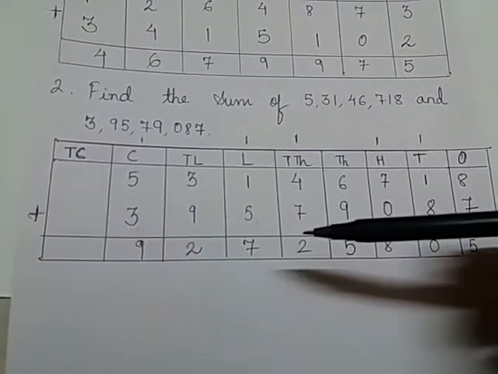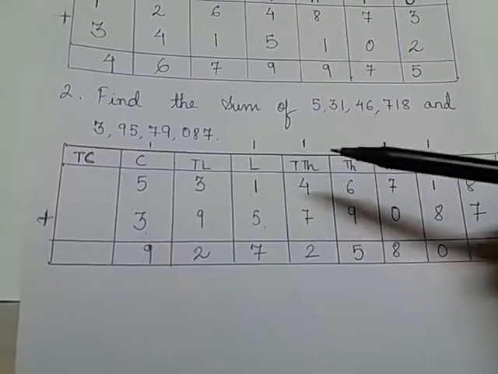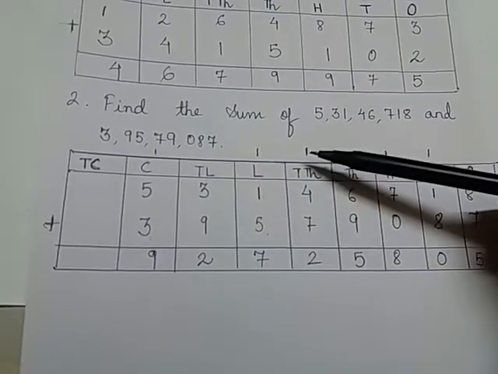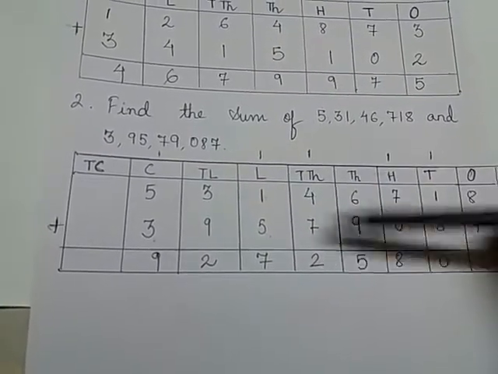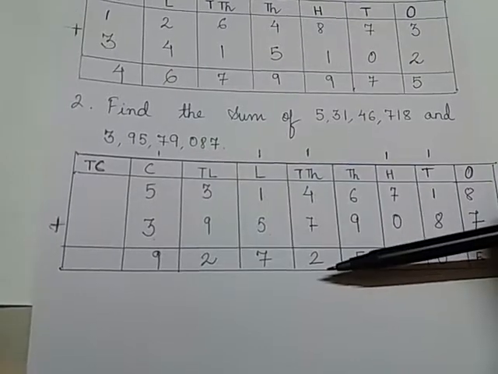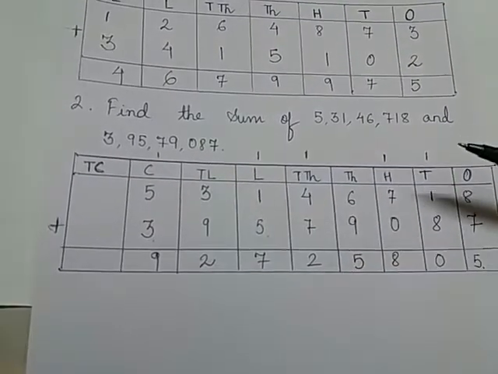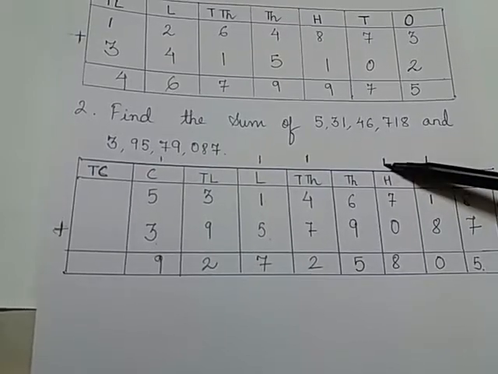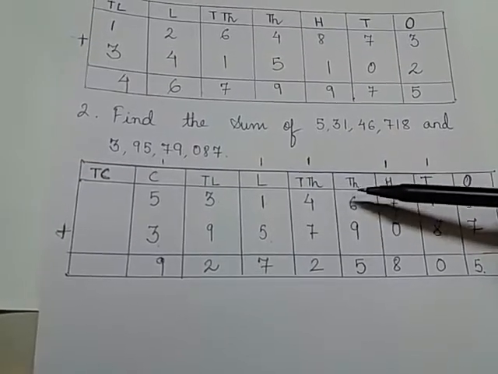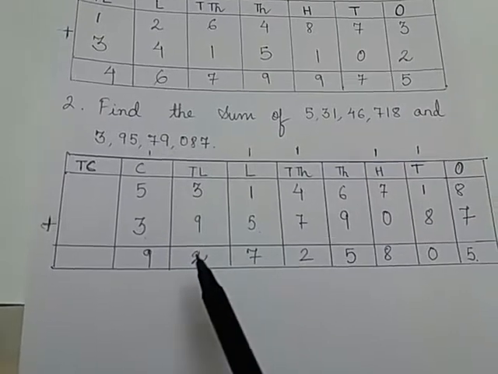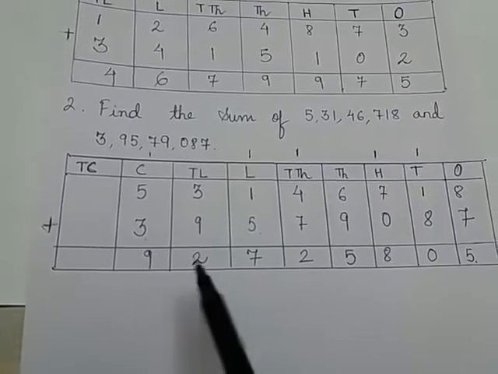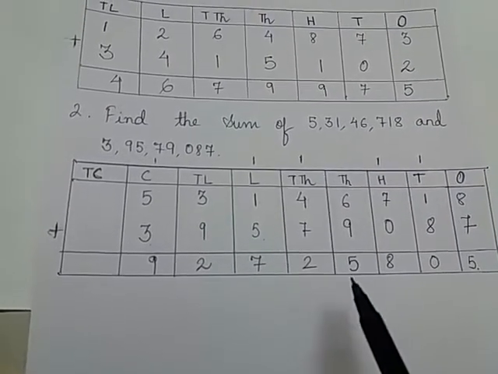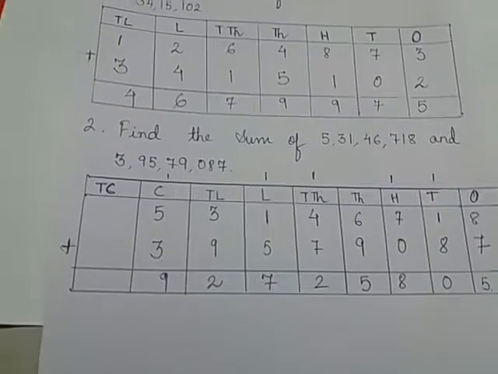Another important thing is that please always remember to add the carryover, because if we forget that, at that step only our answer will be wrong. So whenever you are taking one carryover, remember to add it in the next place values. So the answer that we are getting here is 9,27,25,805.